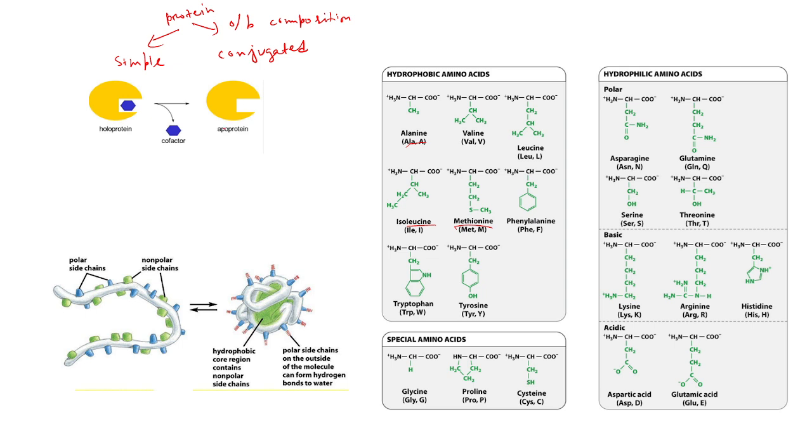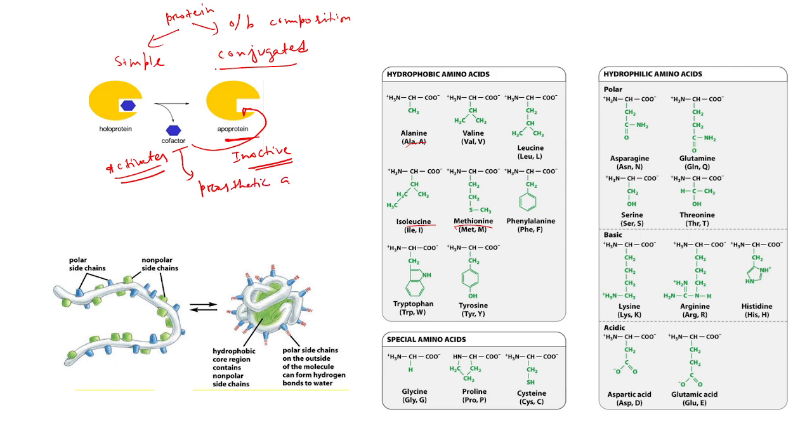Let's say this is a protein, but this protein is present in an inactive condition. It activates only when this cofactor is bound. So this is called a conjugated protein. The cofactor is also called a prosthetic group.